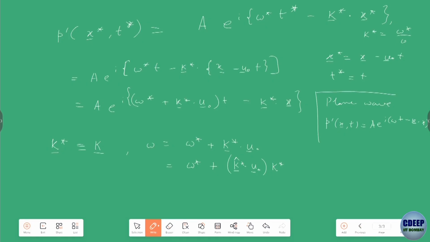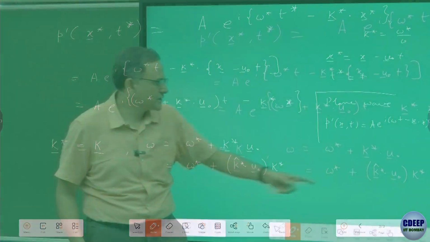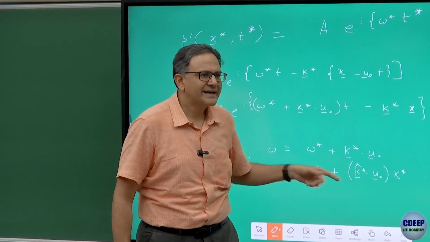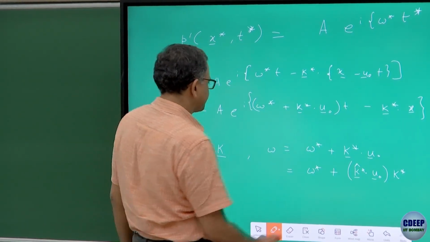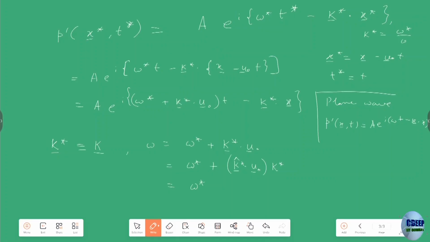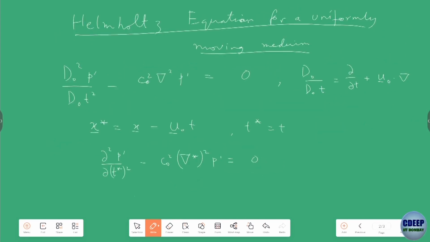So this kappa is a vector. So I'm writing that as the magnitude of the kappa vector, kappa star, times the unit vector along that kappa direction. It's just a fancy way of writing that. So omega star. So this kappa star dot u naught, I'll just go back to that picture.